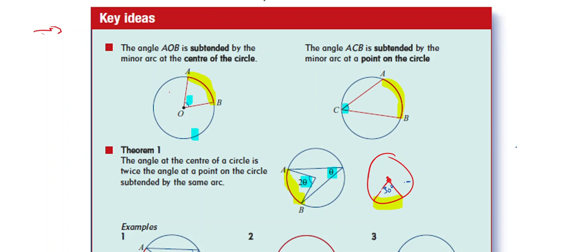If I have an arc going to the outside of the circle, so as you can see, both are covered by the same arc, then this will be 15 degrees, because it will be half of what the one going to the center is.